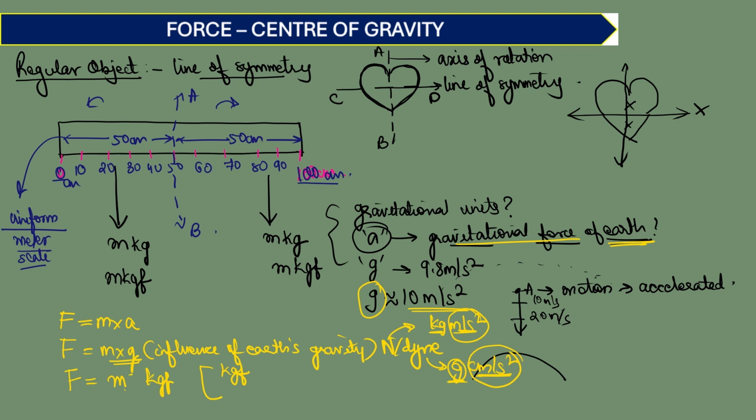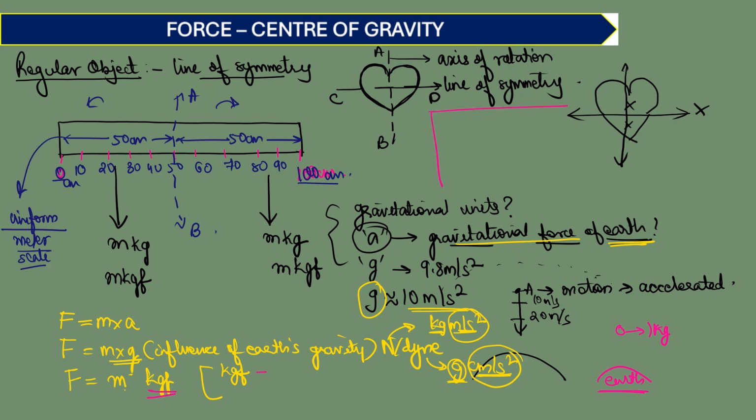Kilogram force means the force exerted by the Earth's gravity on a body which weighs 1 kg. That means with how much force Earth will pull a 1 kg body, that unit is represented as kgf.